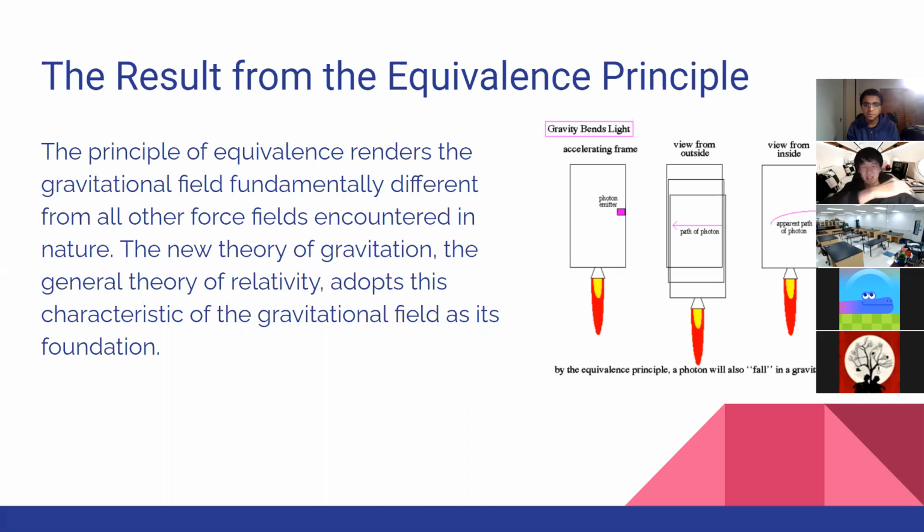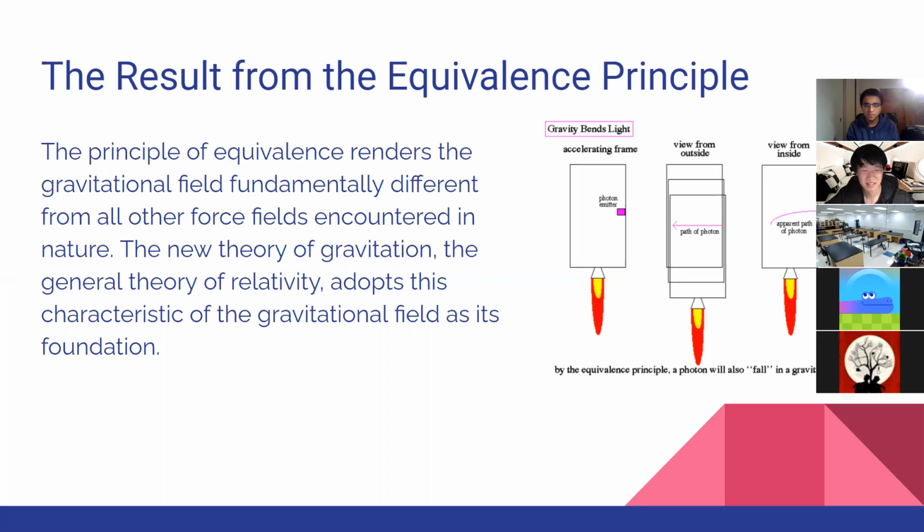But if this small confined space is accelerating, the path is bent down, right? Because there are numerous photons going that way. If you accelerate, the path of the photon will be a curve, right?